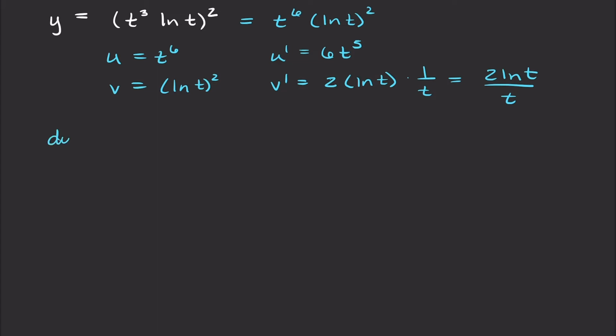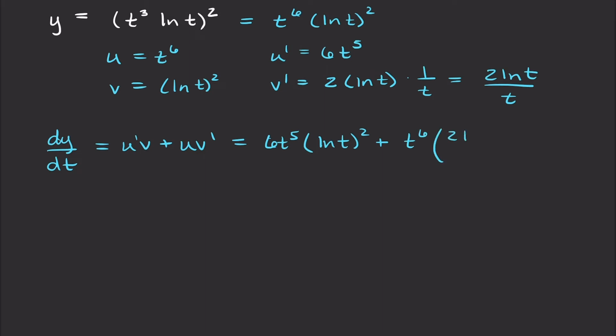And now my dy dt will be u prime v plus u v prime, or my u prime is 6t to the 5th times v, which is the natural log of t all squared, plus u, which is t to the 6th, times v prime, which is 2 ln of t all over t. Okay, so we can simplify this a bit.